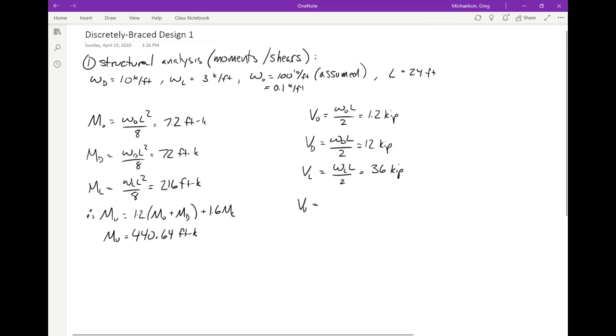And then VU is 1.2... VU is 73.44 kips. All right. I'm going to give everybody a sec to catch up on that because I just did a lot of writing all at once.